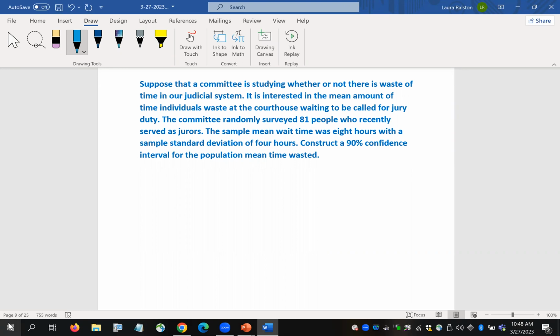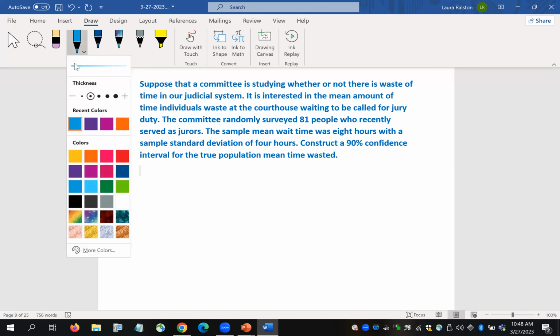The sample mean wait time was 8 hours with a sample standard deviation of 4 hours. Construct a 90% confidence interval for the population mean time wasted. And there really should be, it should say true population mean time wasted.